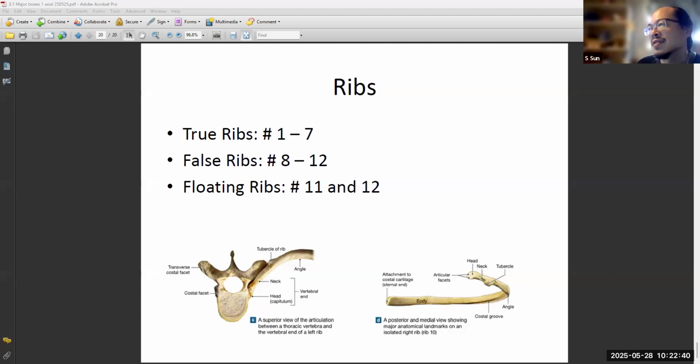You can see this structure. In this portion, you have the tubercle and the head. This one connects with the spinal column. And the other end connects with the cartilage, so your rib can move. And yeah, that's it.